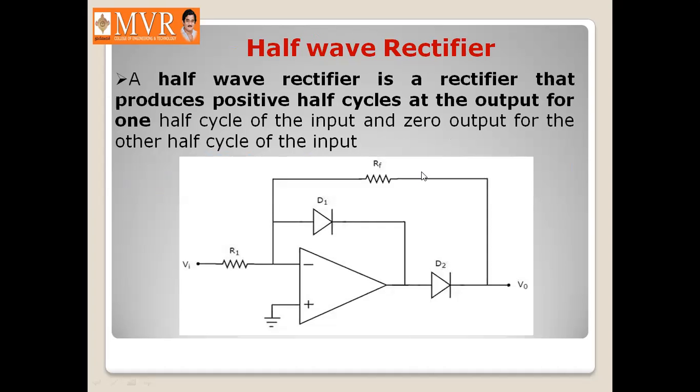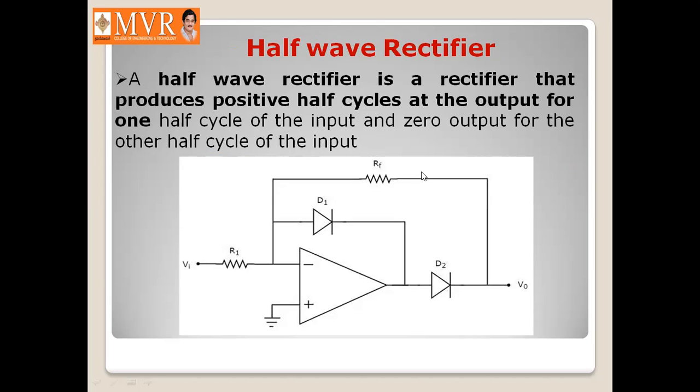When coming to this half wave rectifier, we know that the half wave rectifier is a circuit that produces positive half cycles at the output. Half-wave rectifier means in a sinusoidal signal we are having both a positive voltage level as well as a negative voltage level.